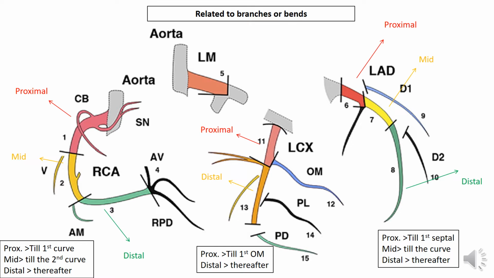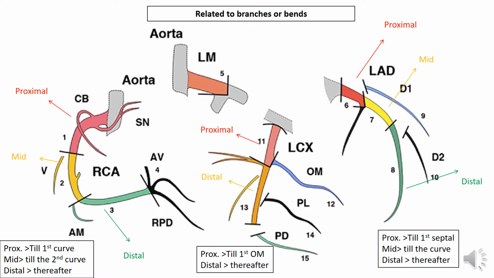Then the RCA gives a branch that supplies the right ventricle called the RV branch, and another branch that runs along the lower border of the heart called the marginal branch, and the famous terminal branches, the posterolateral branch in the AV groove and the posterior descending artery on the posterior interventricular septum.